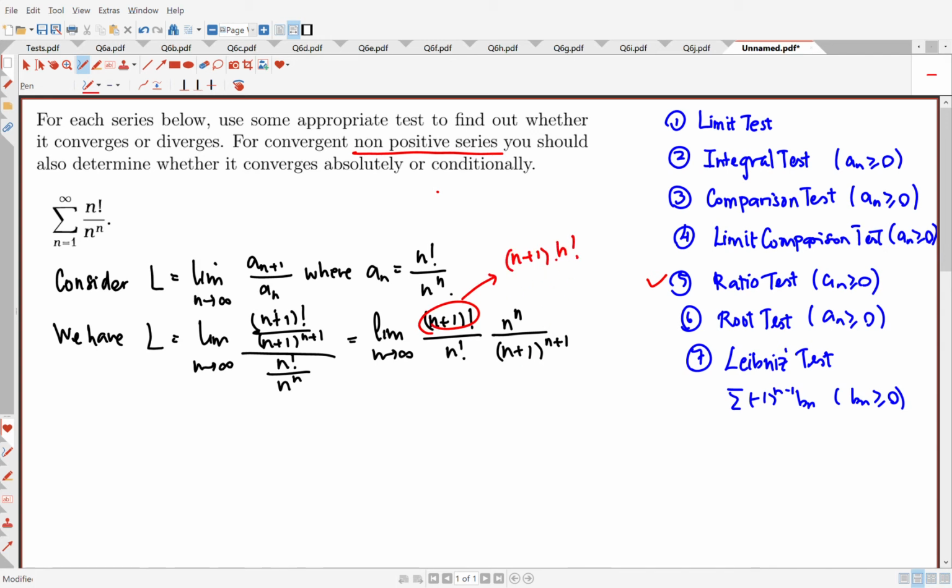So if I take this divided by this, I will get n plus 1, and the n plus 1 I can cancel off with this, right? So I get the limit of n power n divided by (n plus 1) power n, which is the limit as n tends to infinity of n over n plus 1, to the power n.